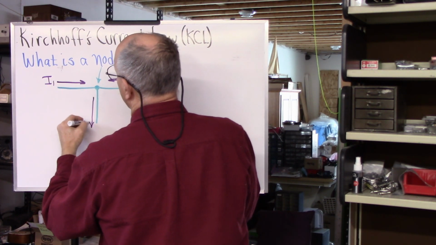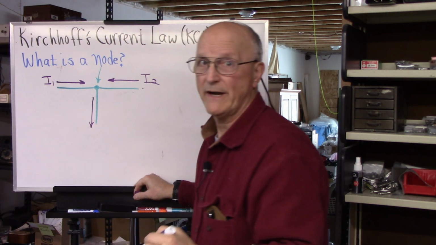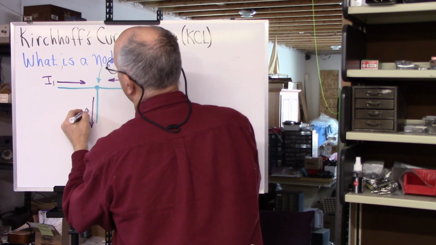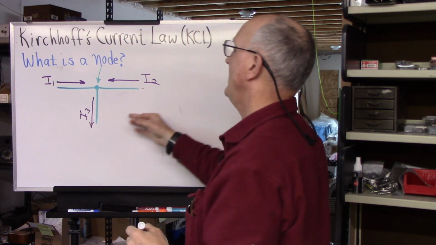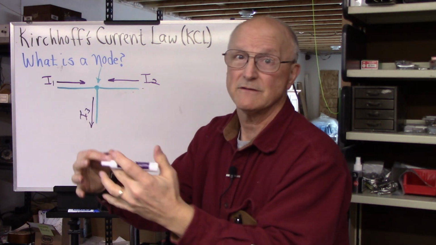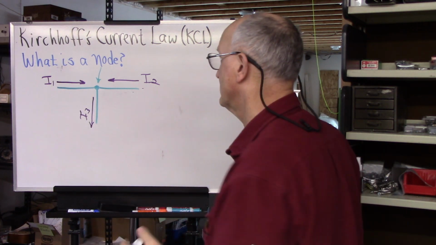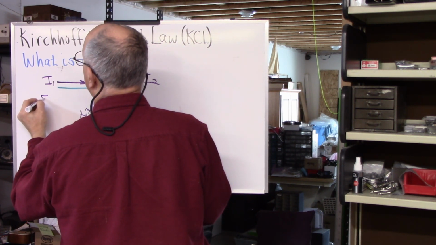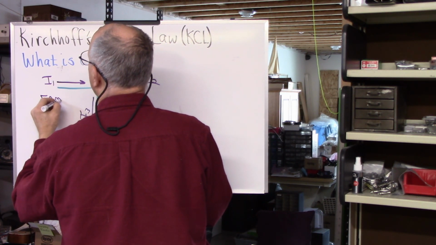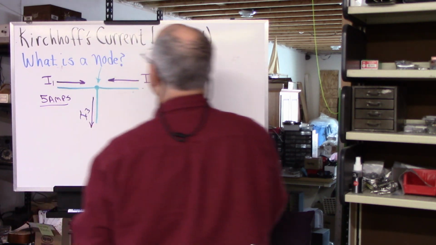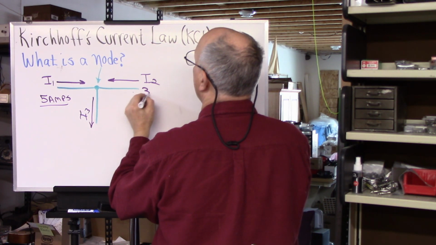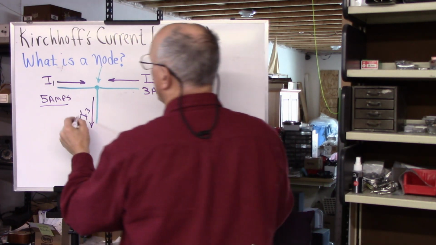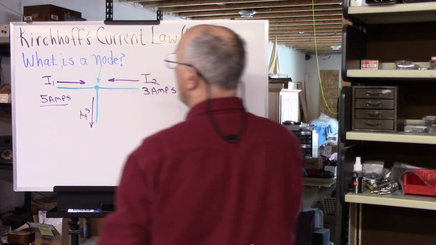We now have current going out from this direction, which is I3, because you can't have all the current coming in. There has to be an out somewhere. And suppose this is 5 amps here. And suppose this is 3 amps here. And we want to find out what I3 is.